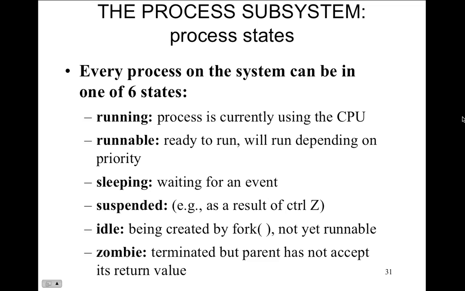So, another thing that the kernel does is keep track of running processes in the system. So here's the process subsystem with process states, and people who take systems programming go, well, what's systems programming versus programming? Well, systems programming is Unix programming. What's Unix programming? Process programming, mostly.